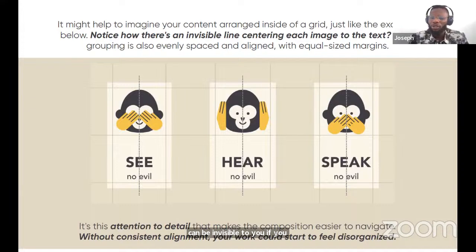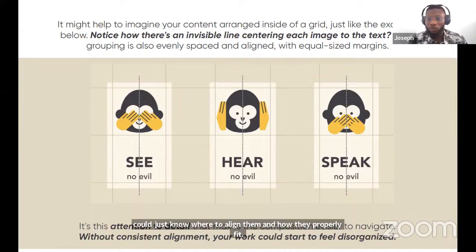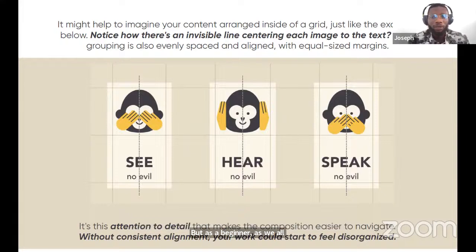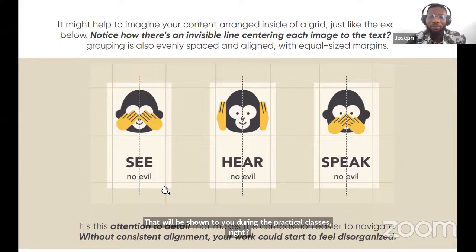You can just use your eye to see grids somehow, if you just know where to align them and how they perfectly fit. But as a beginner, as we all are here, myself included, you could always turn on your grid in your software. That will be shown to you during the practical classes, right? So that you know where to align properly.